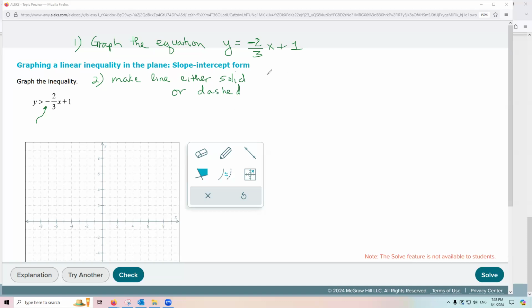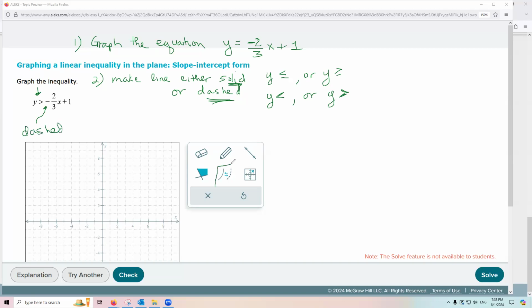Well, if it was y less than or equal to, or y greater than or equal to, that's when you would use a solid line. But if you just had a less than symbol or a greater than symbol, you would make the line dashed. In our example, we're using a greater than symbol, so we're going to need a dashed line.